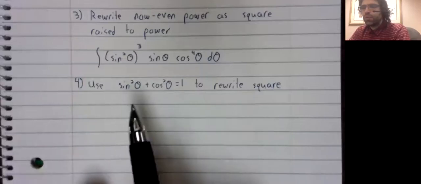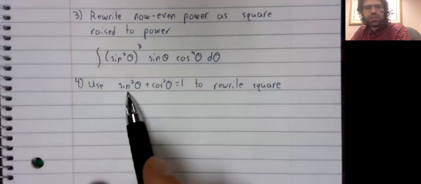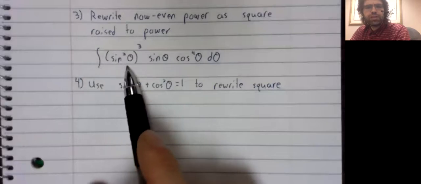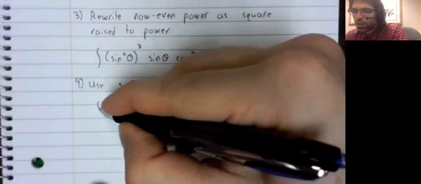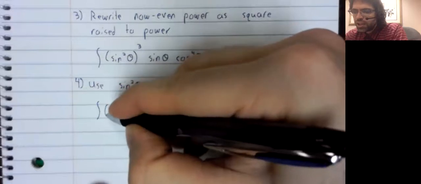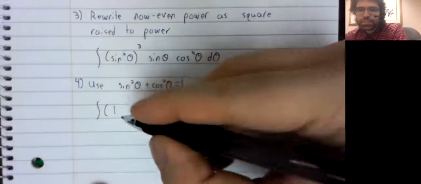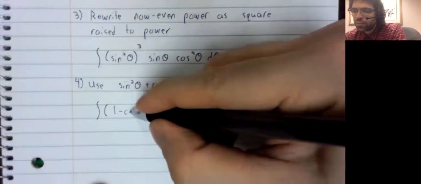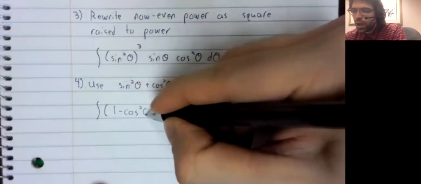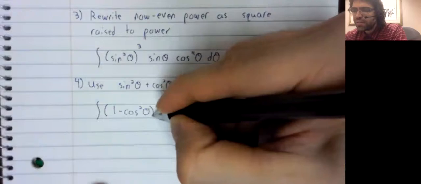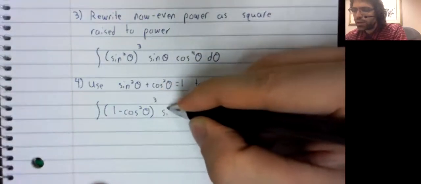Now, use the Pythagorean identity to rewrite our square. In this case, it's the sine squared, and the sine squared is 1 minus the cosine squared.